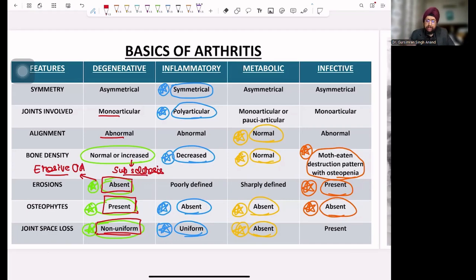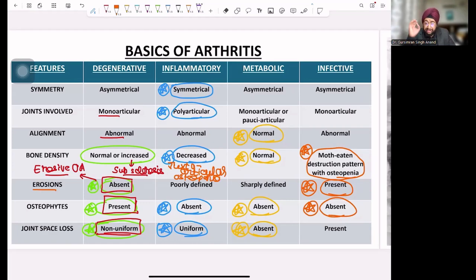If you look at inflammatory arthritis, it's a symmetrical type of arthritis and always involves more than three joints, so it is always polyarticular. The very important points include bone density, which is decreased because of juxta-articular osteopenia. Because of the inflammation, there is hyperemia, which leads to increased osteoclastic activity and increased bone resorption, which ultimately leads to juxta-articular osteopenia.